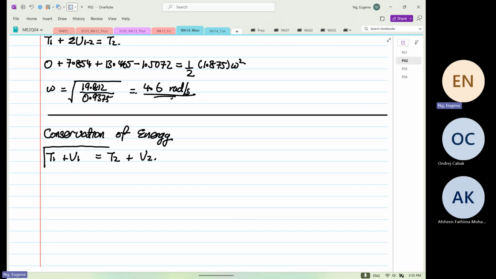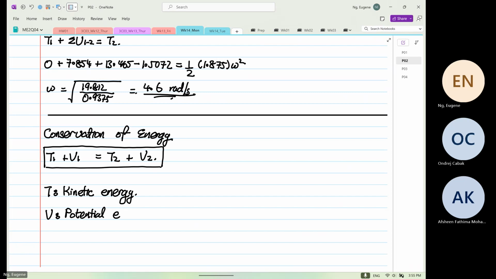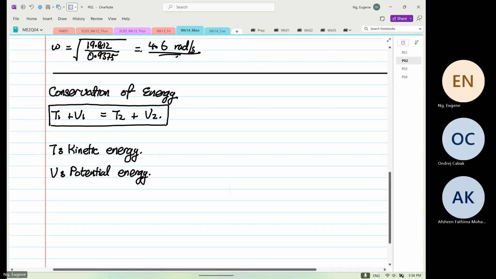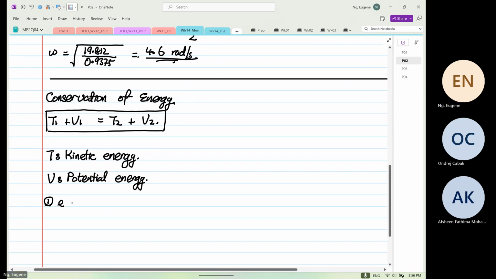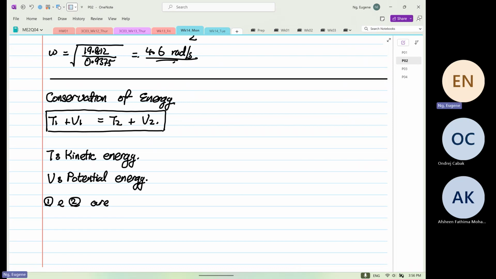So this is the root equation that you have to comply with, conservation of energy, where T is the kinetic energy, V is the potential energy, and subscripts 1 and 2 are the initial and final positions.